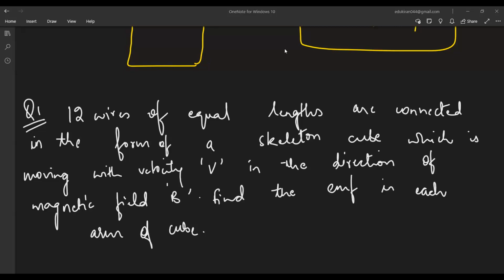See, let me draw the figure, then try. The answer is very easy. This should take just 30 seconds for all of you.